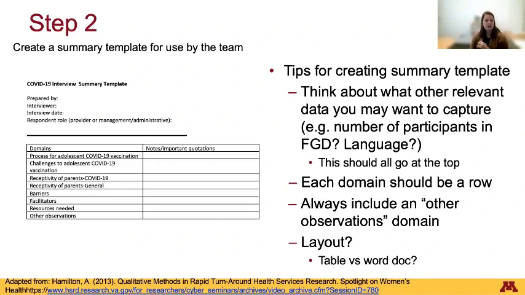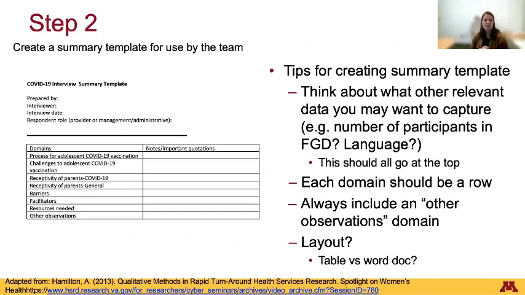And then the bottom half of the summary template that I create, I always do this as a table. There's a couple of reasons for that. I find it a little bit of an easier way to organize data and then copy and paste it into, we'll talk about how we create a matrix as one of the final steps later.